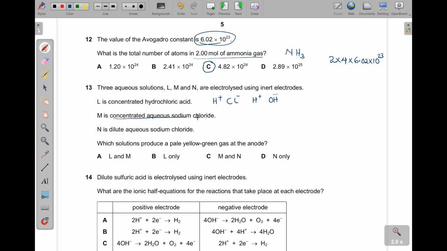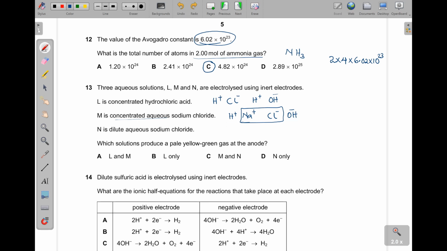Then concentrated aqueous sodium chloride, we shall have hydrogen ions and sodium ions. Then the negatively charged, we are going to have the chloride ions and the OH ions. Remember, these are from water, then sodium chloride. Since this one is concentrated, we have more of the sodium chloride ions rather than these ones here.